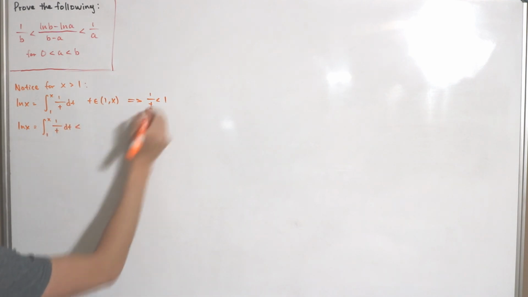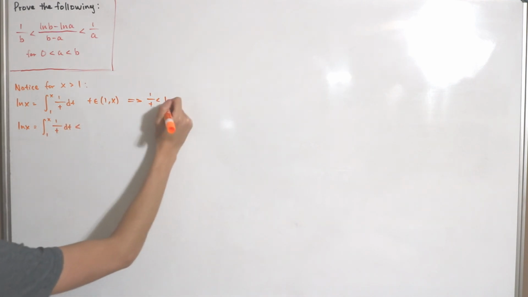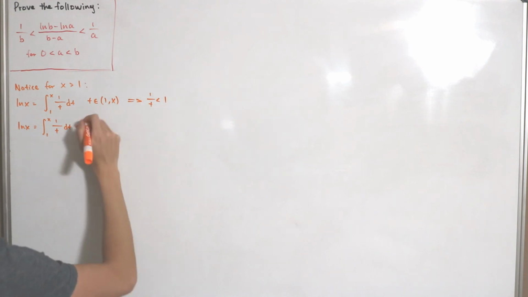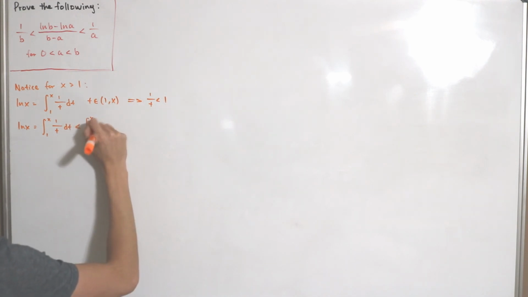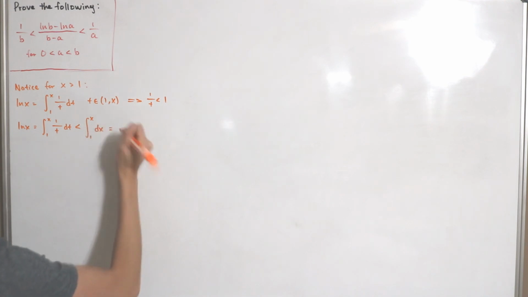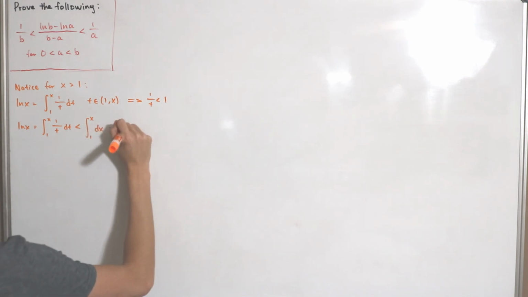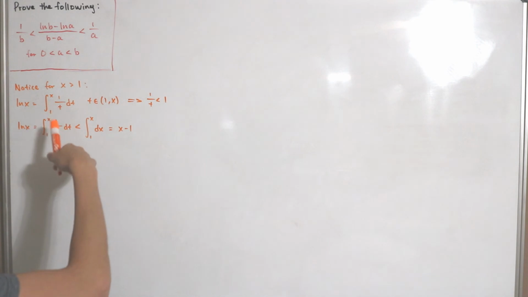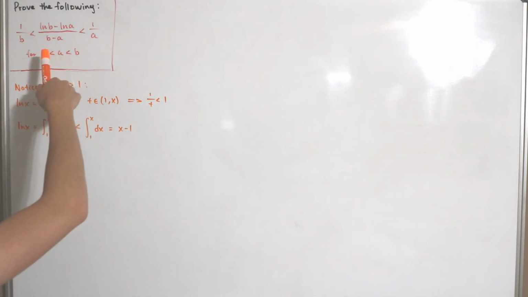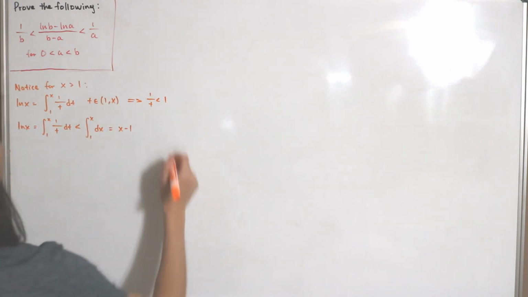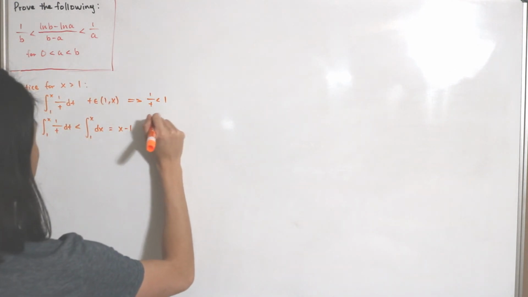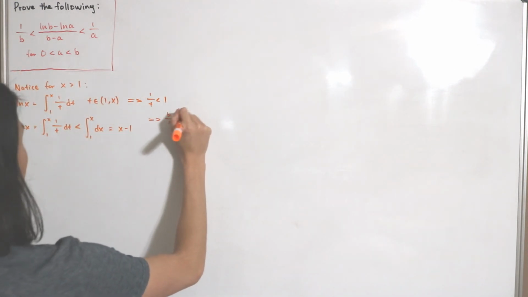Then I'll use the inequality, taking the definite integral of 1 over our bounds from 1 to x, so the integral from 1 to x of 1 dx, and if I calculate this definite integral, we get x minus 1. Using the condition that 0 is less than a is less than b, you'll start to see that b minus a is greater than 1.